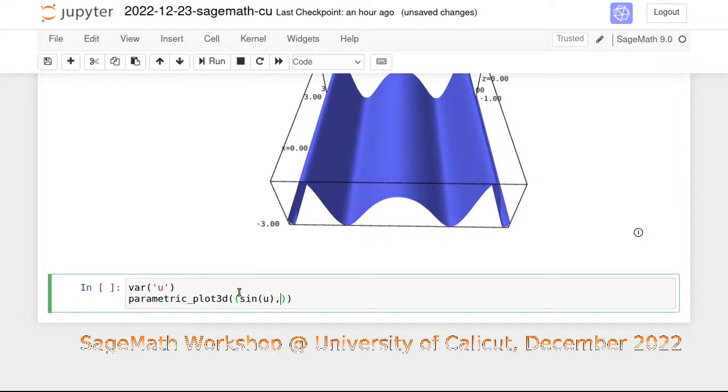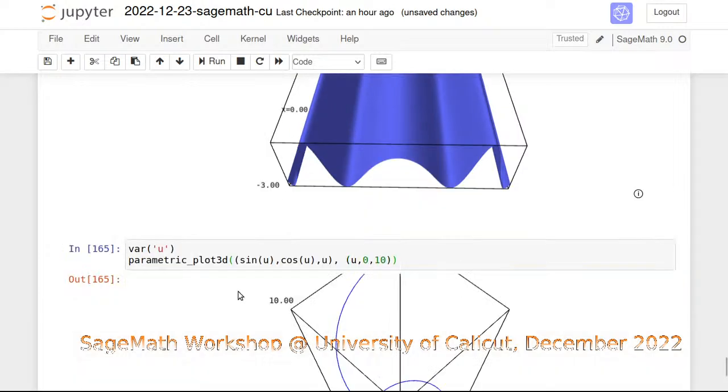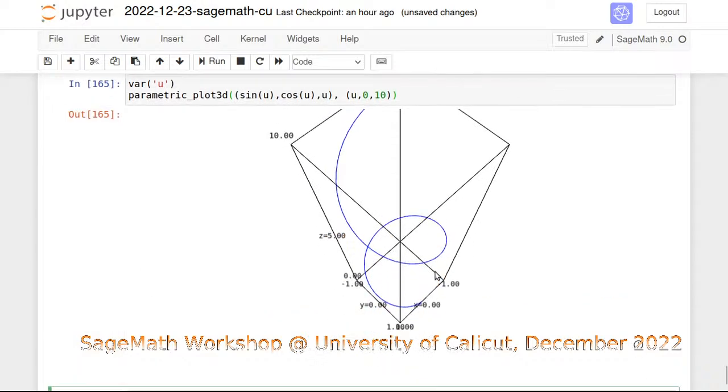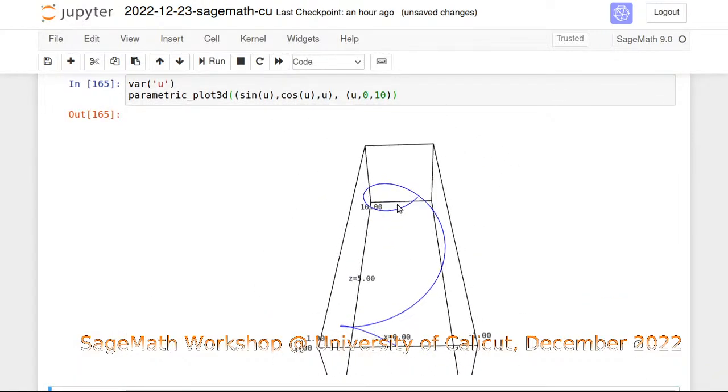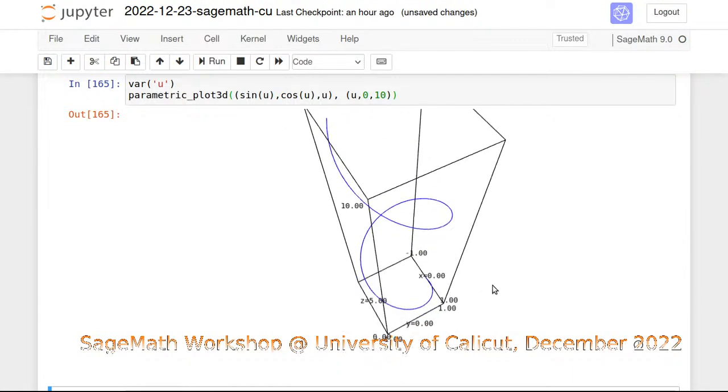Sin u, cos u, and say the third dimension, say u. Keep it in a tuple, and after that just specify the range of u. So this is a curve. This is a spiral.